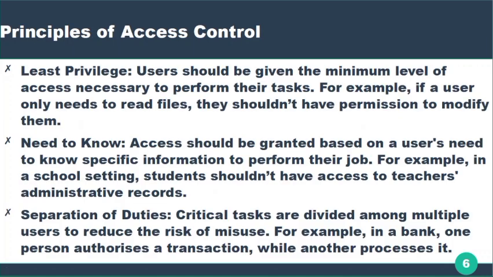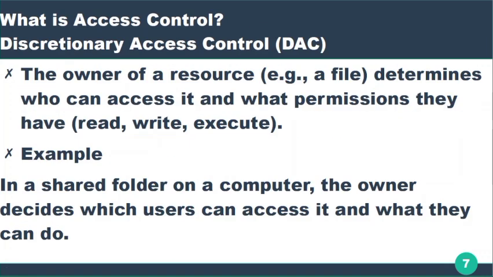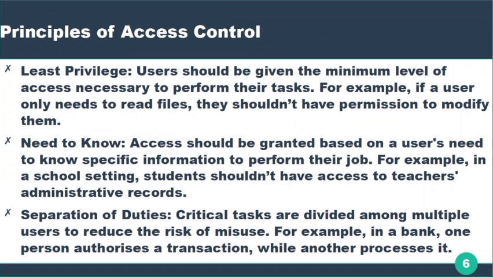Now, what are the principles of access control? We have separation of duties, need to know basis, and least privilege. I'm going to start from least privilege, then go to need to know and separation of duties.